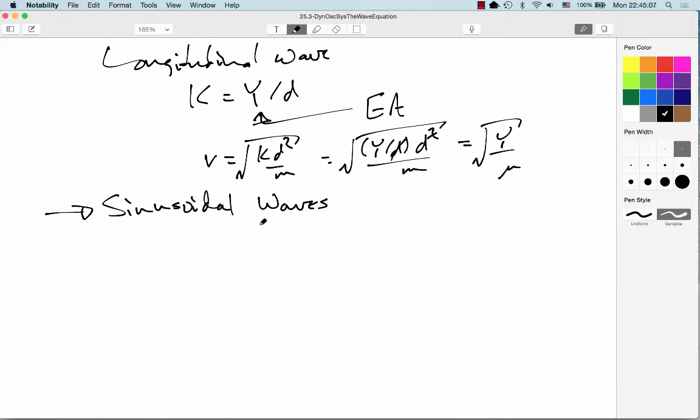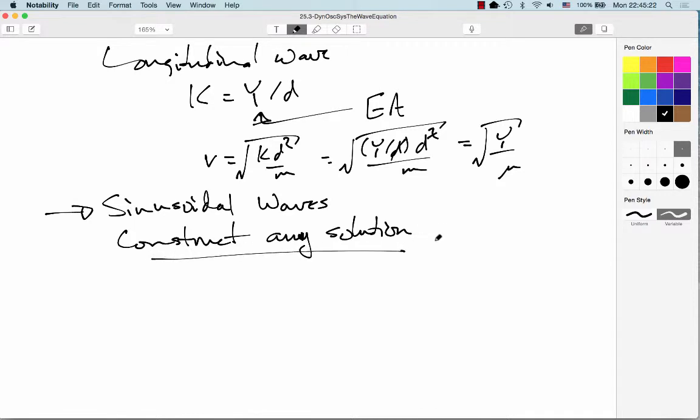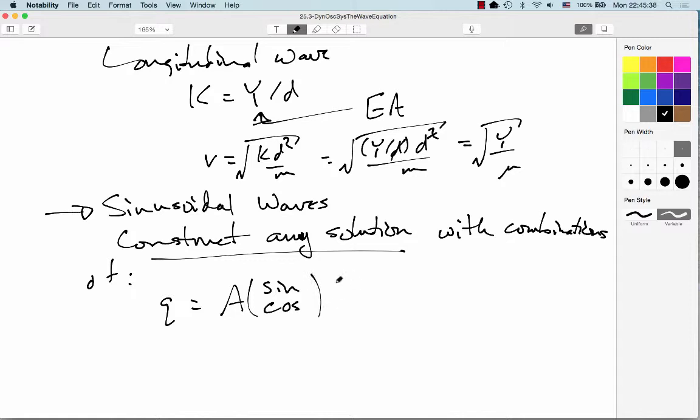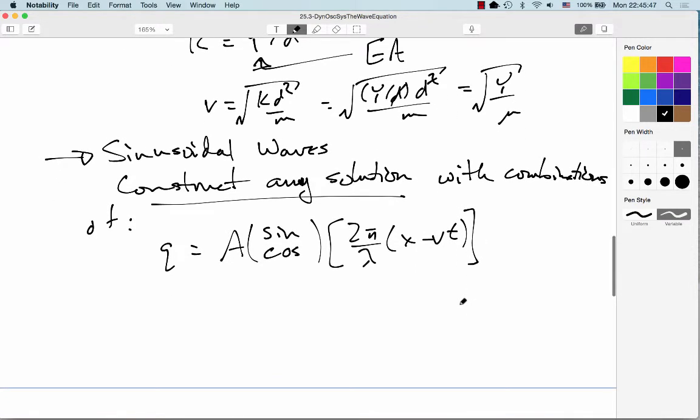So we probably want to continue with that logic, and it turns out we can construct any solution by using Fourier analysis with combinations of q equals some a times, pick it, either a sine or a cosine, of 2 pi over lambda (x minus vt), with judicious choices for our lambda and our a's.